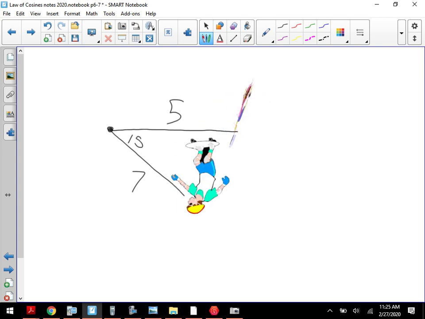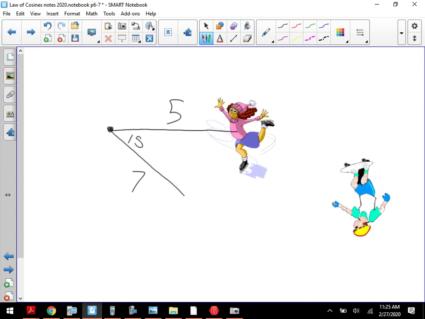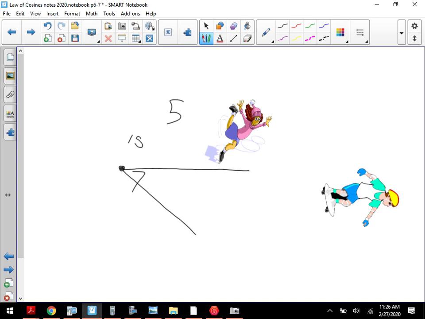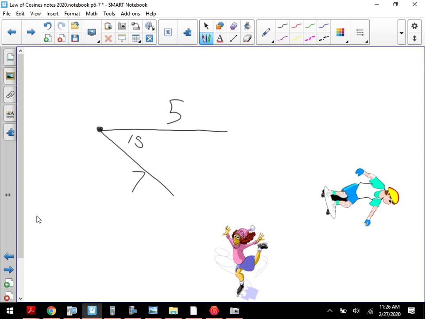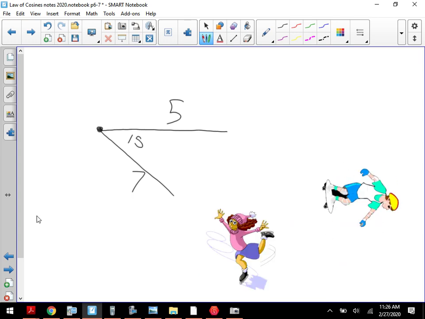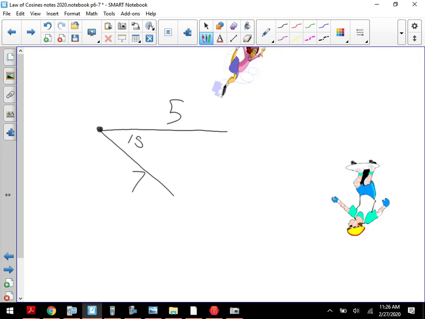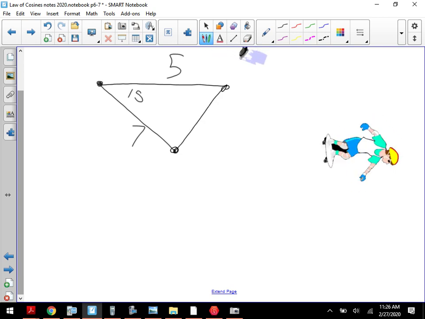So I'll have to move them, because I clicked it to spin forever. Anyway, she's kind of out of the way now. We need to figure out this distance here.